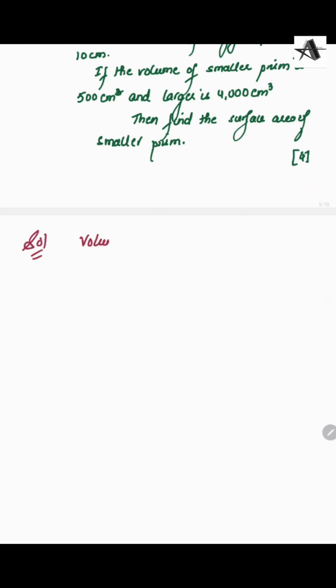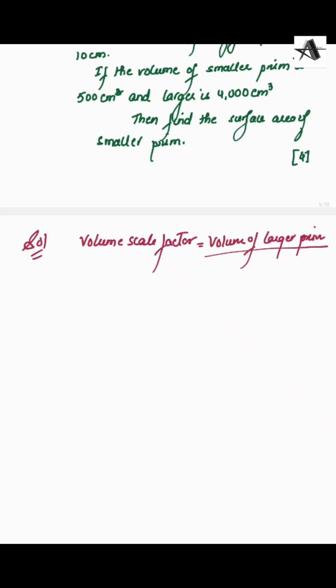As I always say, you have to go in reverse order, so we can even start from here, and I think it's better if I start from the volume scale factor. So volume scale factor is volume of larger prism. Whatever order you are taking, the same order you have to take. It's not necessary that the bigger should be up there, smaller should be down there.